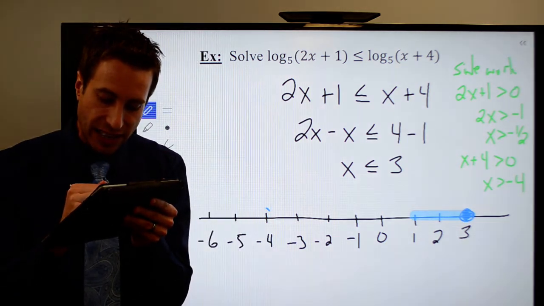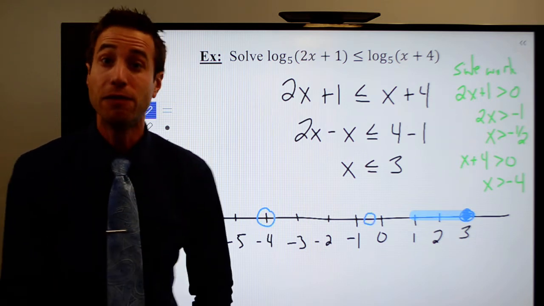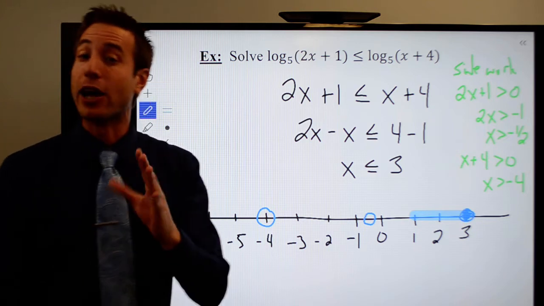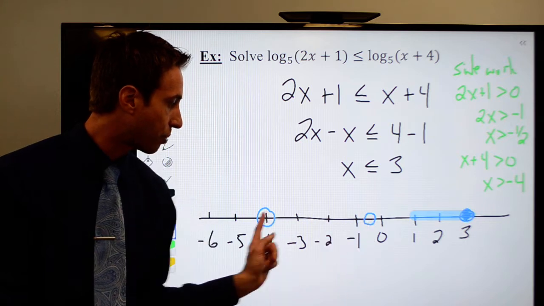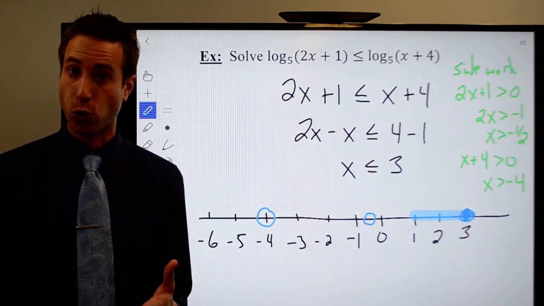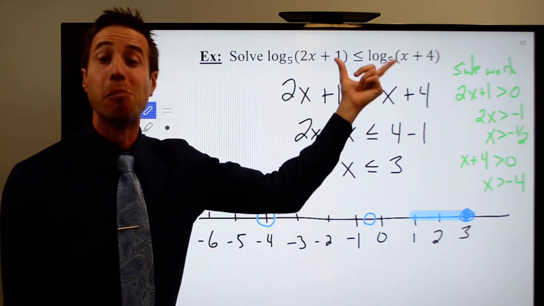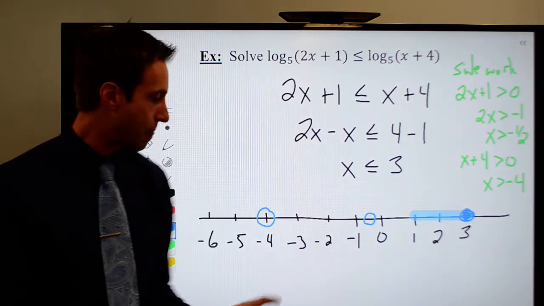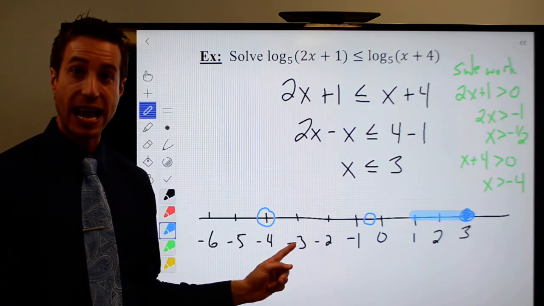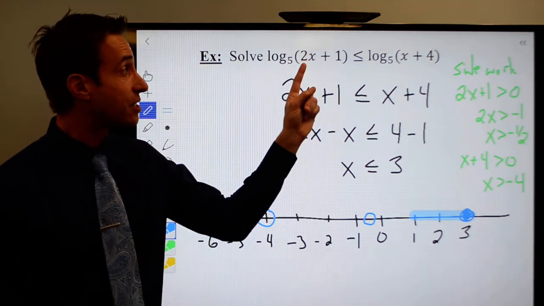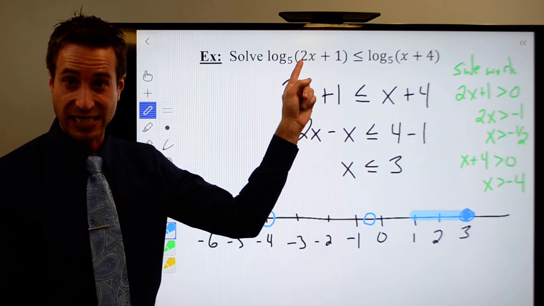So here's my two options. Again, I have everything greater than -4 or everything greater than -1/2. Well, we already talked about this, right, in the previous problem. I've got two options for places I need to stop. Which one's the correct one? Well, whichever one satisfies both sides of the inequality. If I were to pick this one, everything greater than -4, like a -3, will satisfy this guy, but it won't satisfy this guy.